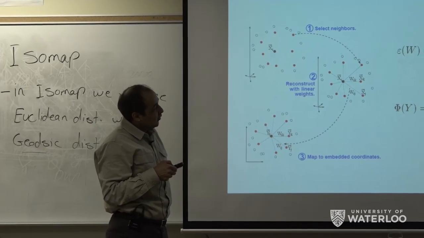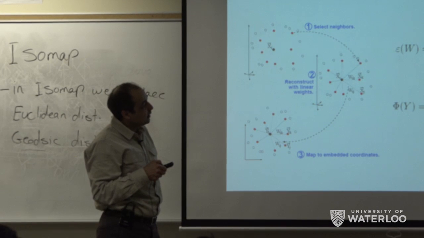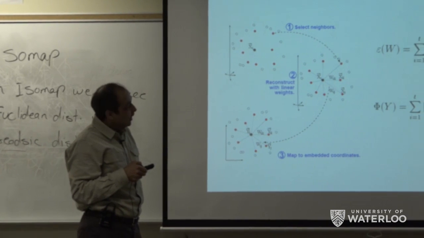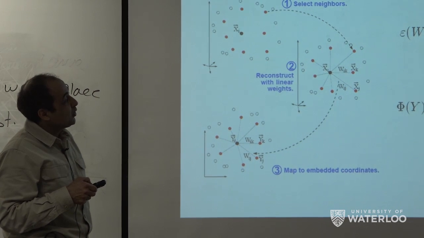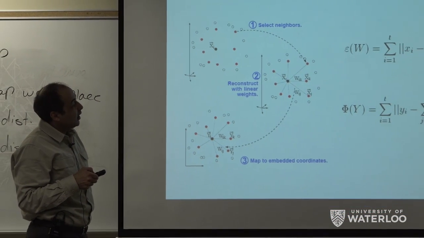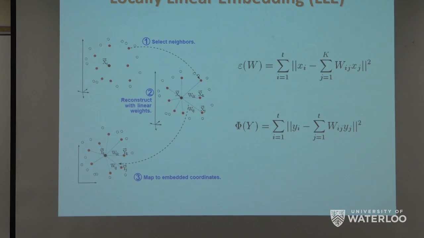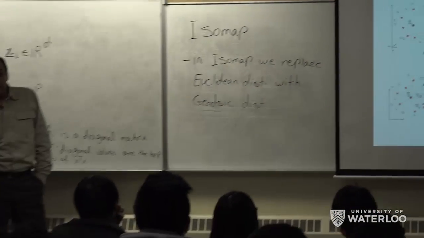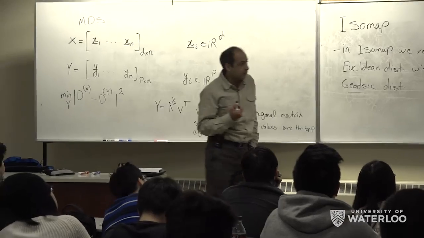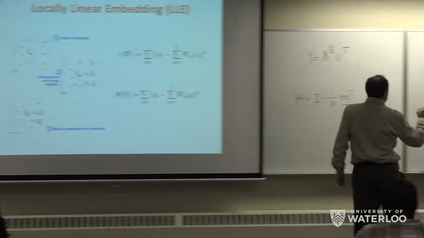This objective function, when the number of neighbors is k, tries to reconstruct each point xi by its k-nearest neighbors. So give me a set of weights such that point xi can be reconstructed by its k-nearest neighbors. Point xi has k neighbors.